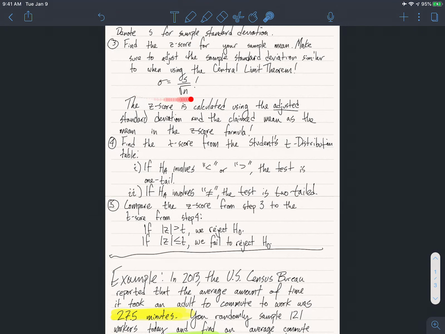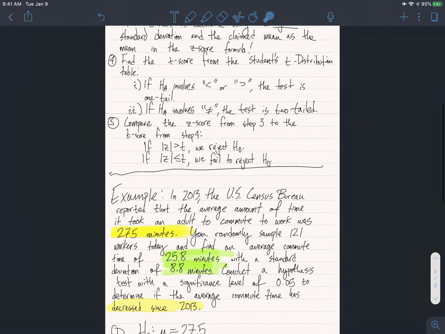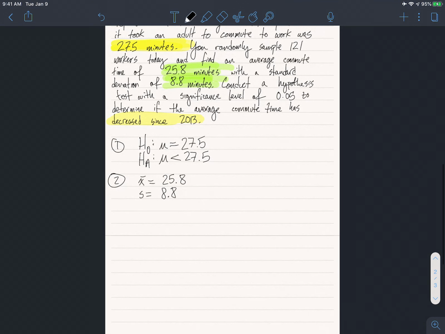Step 3. Find the z-score for your sample mean. A lot of times this is called your test statistic as well. Make sure to adjust the sample standard deviation. So, step 3, we're going to adjust our sample standard deviation of 8.8 by dividing by the square root of n, which is how many people? 121.